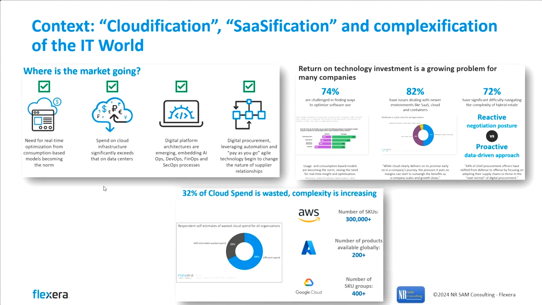The need and the strategy of new customers is, of course, to move to the cloud. There are maybe exceptions, but that's a trend that also impacts existing on-premises customers, and that's why we need to deep dive into this topic.